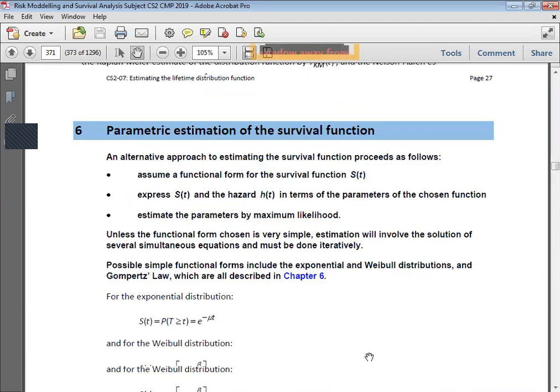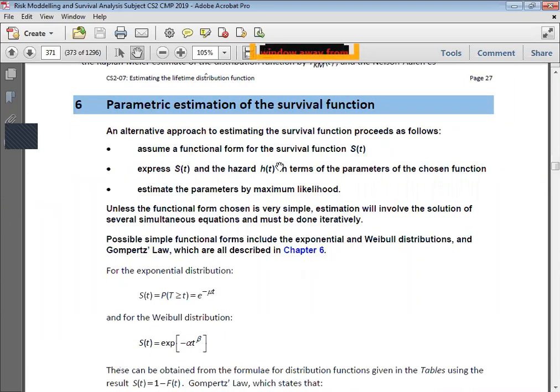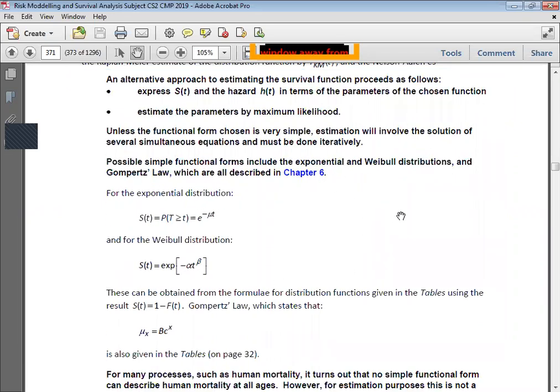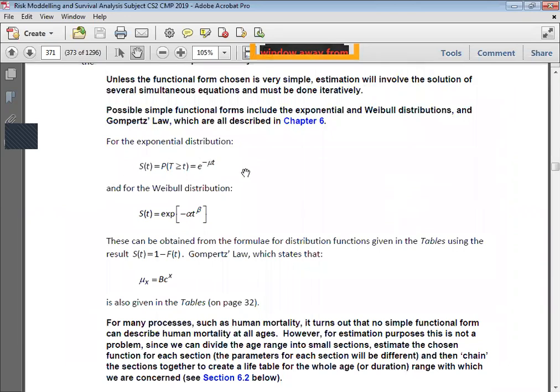Now the next thing is the parametric estimation of the survival function. Here we will assume a particular functional form. They will give examples of Gompertz and the other forms that we studied. If we assume a constant hazard rate throughout, then we know we get the exponential distribution for the survival function.